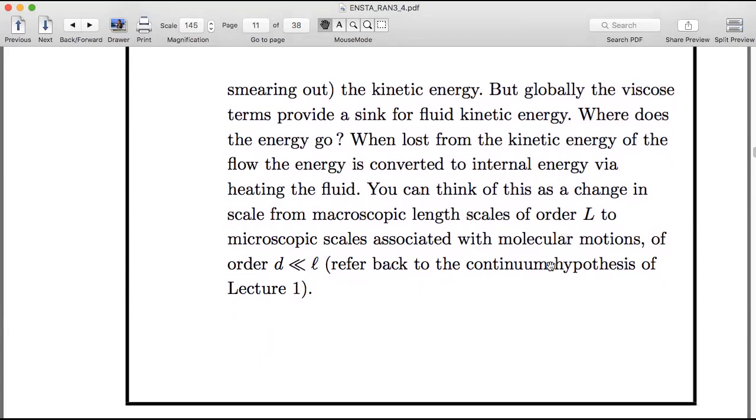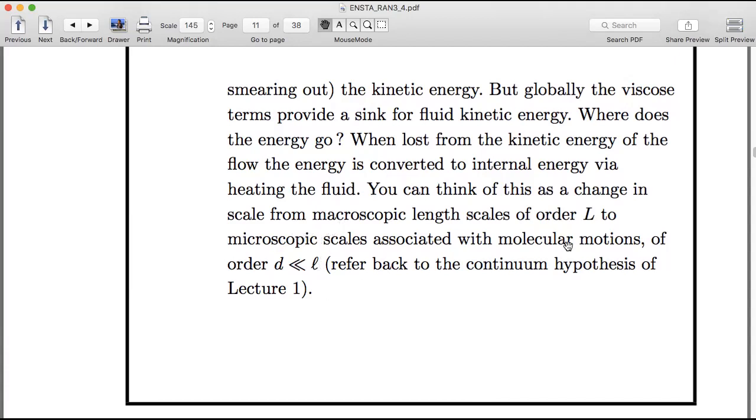So conceptually, you could say it's a change of length scale of the energy, right? The kinetic energy associated with the flow is energy associated with the motion on length scales much larger than the mean free path.